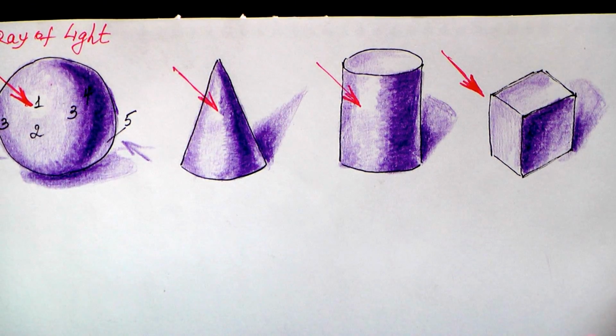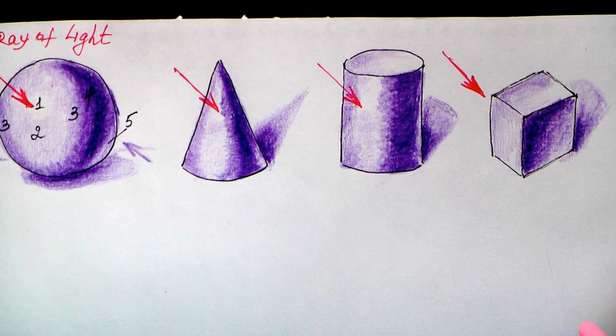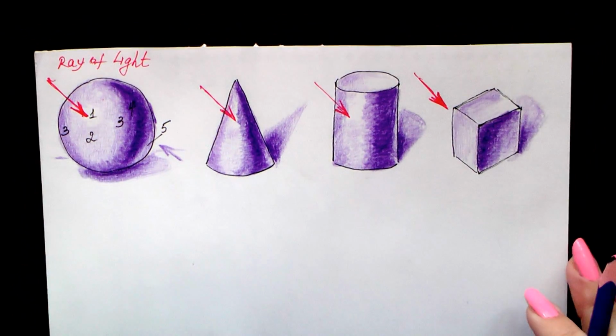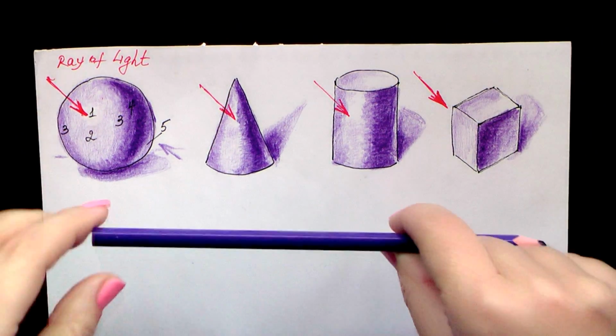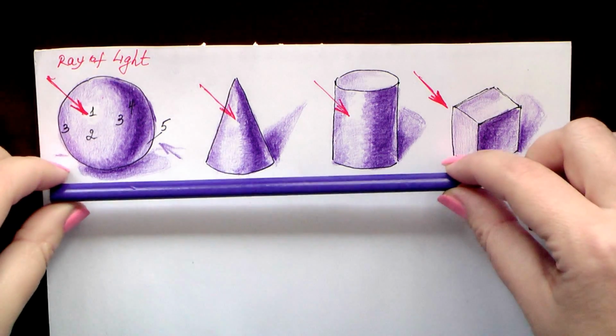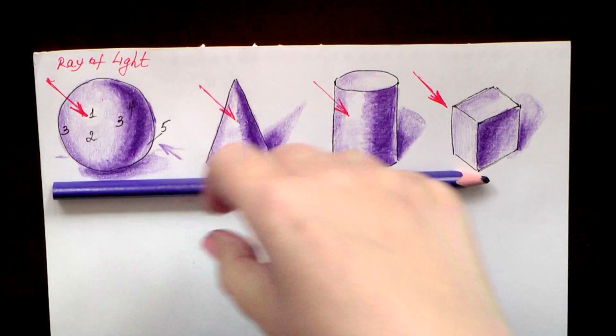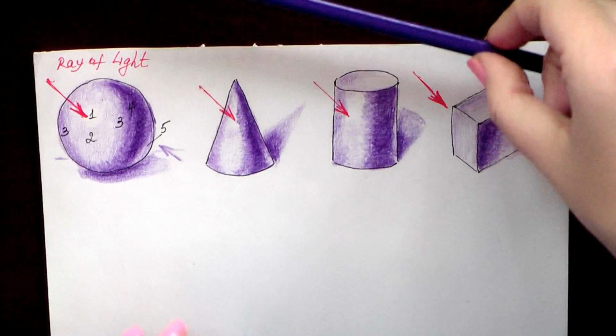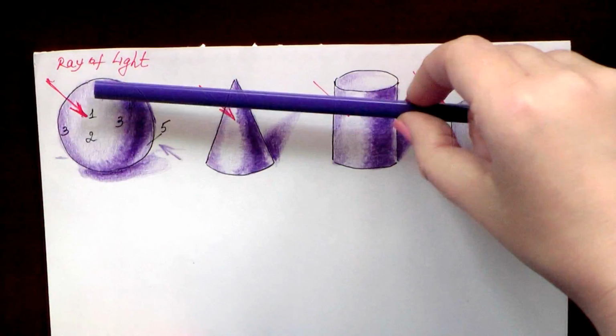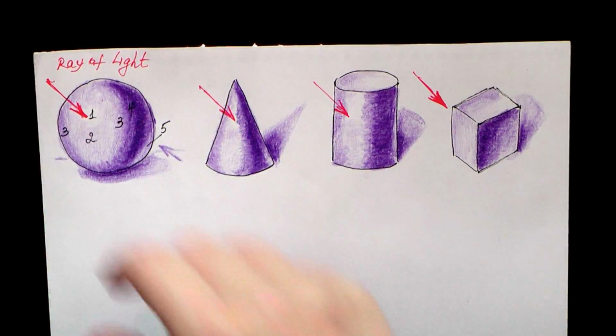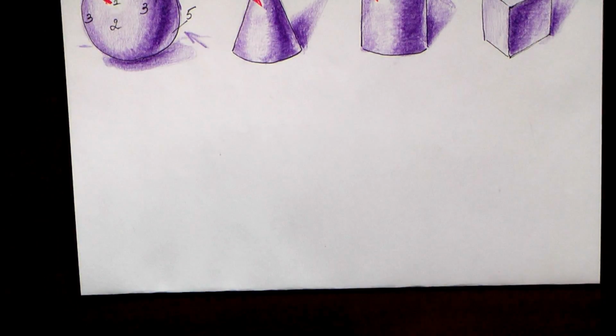Okay, this is the simplest way to draw shadows, but sometimes we have not only the surface on which our object stands, but also something behind our object, just like this.